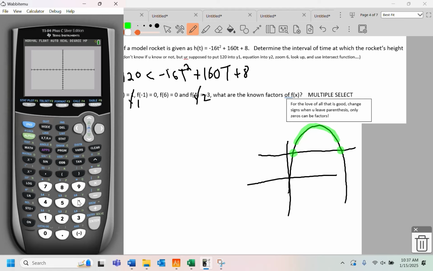We're going to have to look up in the sky. So as soon as mine's done working here, I'll play with the window. We're going to have to look above 120. So let's do like 150. Y max to 150. Hit the graph, and we should see everything we need to see on this one.